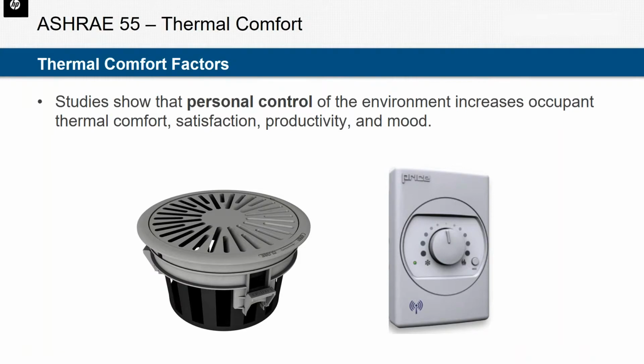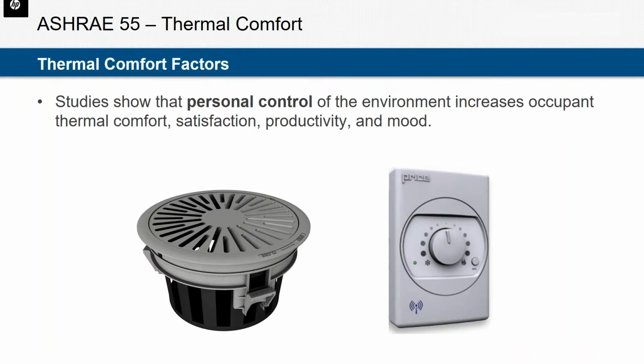One point of note is personal control. Some studies have shown that if you give an occupant control of their own environment, they will be more accepting of the resultant environment. So if you have a single office room and maybe with a single occupant and they have their own thermostat, that will make them happier with the environment, assuming that their thermostatic control actually works.